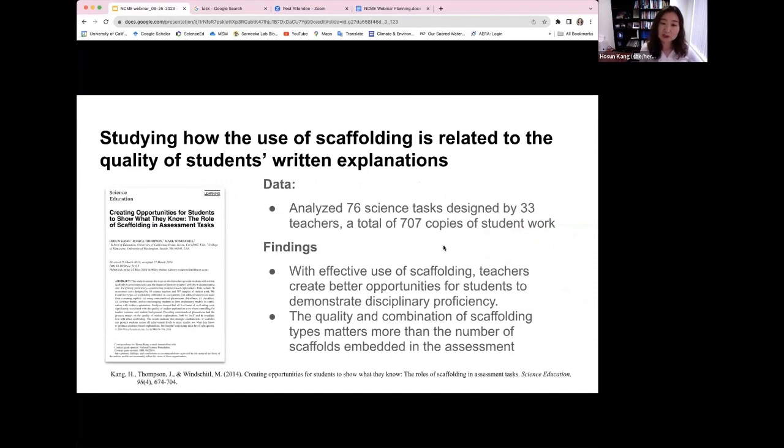With the effective use of scaffolding, teachers create better opportunities for students to demonstrate disciplinary proficiency. The quality and combination of scaffolding type matters more than the number of scaffolds embedded in the assessment.